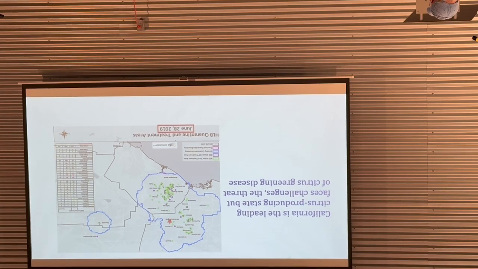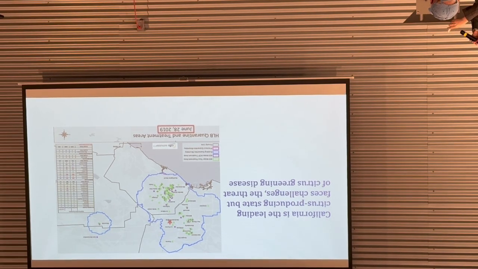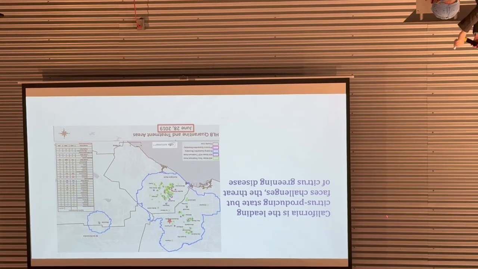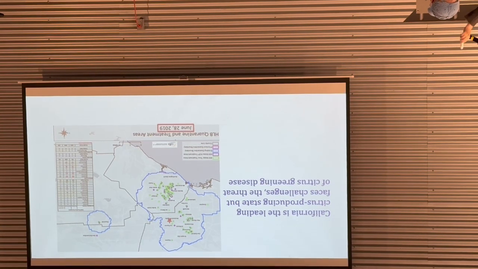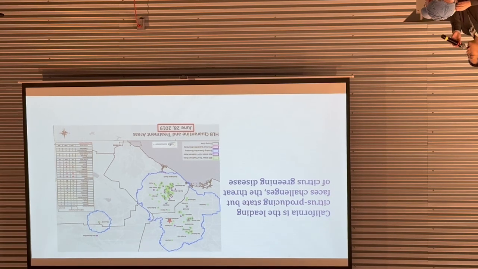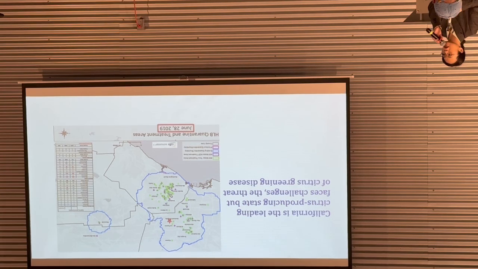Okay, this is a map I pulled out from 2019, and the first case was identified in Hacienda Heights. In 2012, this was not a citrus production region, so it started from a backyard tree.